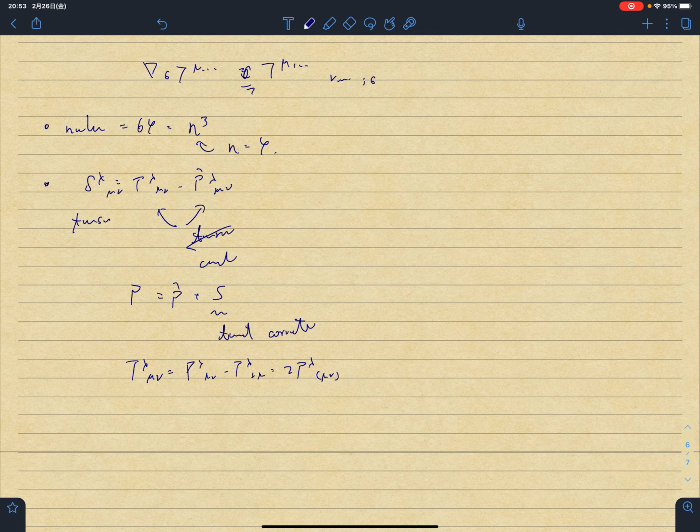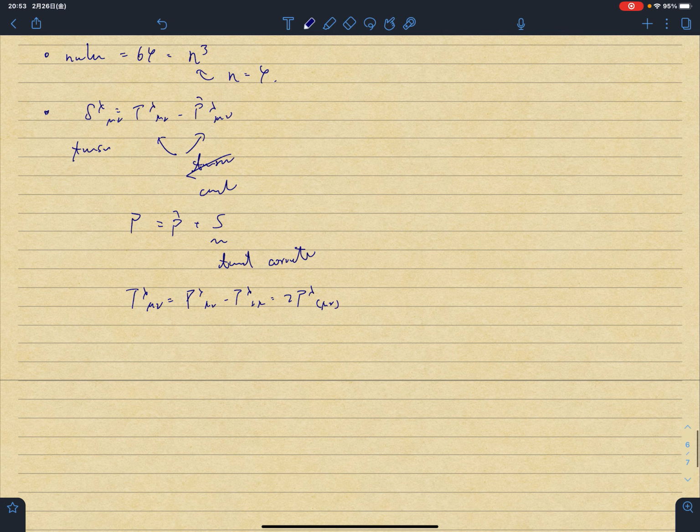The torsion tensor is clearly antisymmetric in the lower indices, and the connection that is symmetric is torsion free. We can now define the connection by imposing two defining properties.